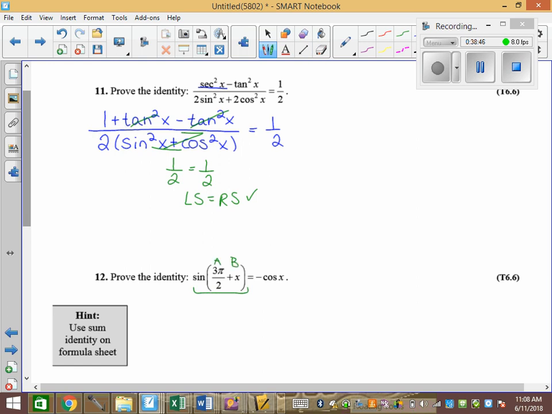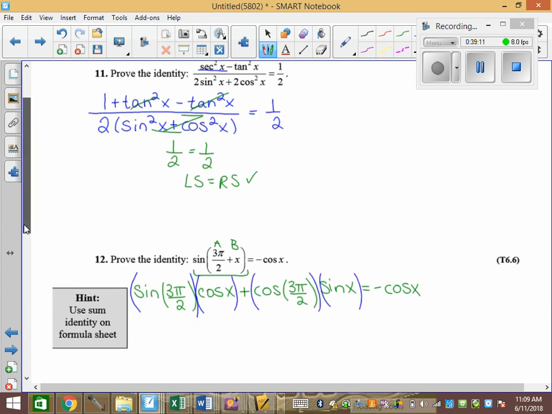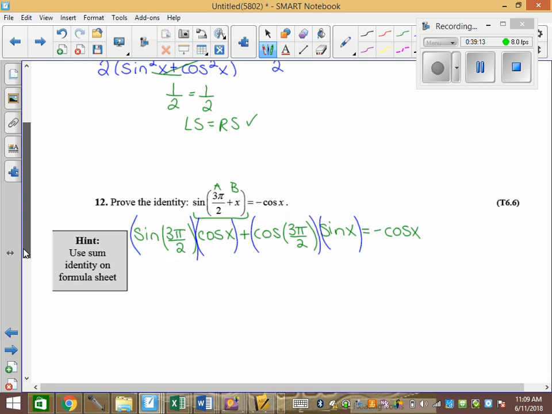This is your A, this is your B. So we're going to get sine 3 pi over 2, which is an answer, cos of x plus cos of 3 pi over 2, which is an answer, sine x equals negative cos x. And I always put these in brackets, so I realize that I'm getting answers, and then they're being multiplied by each other.